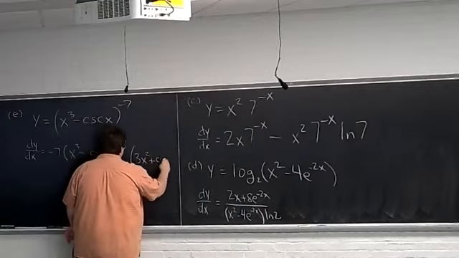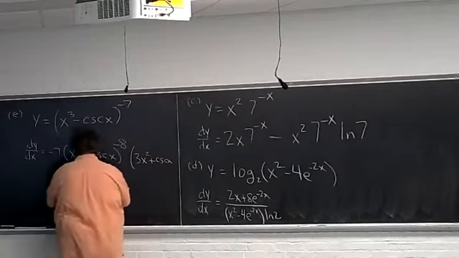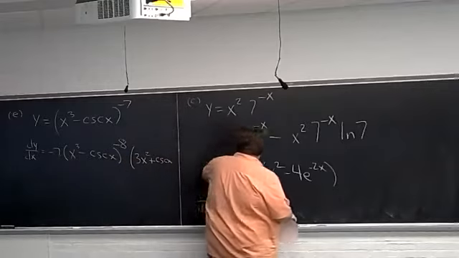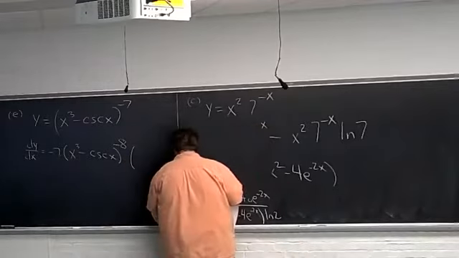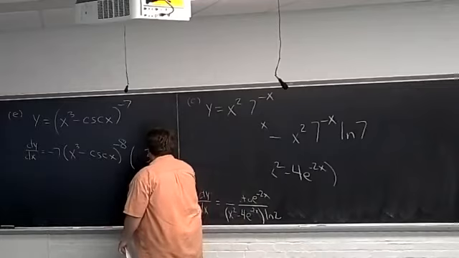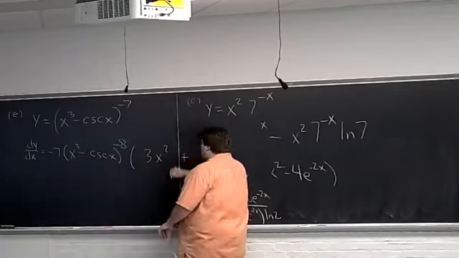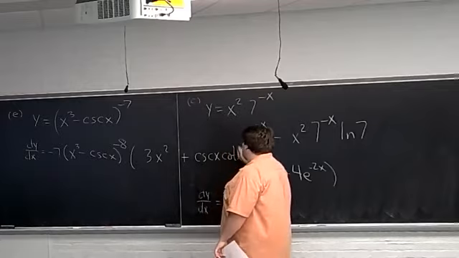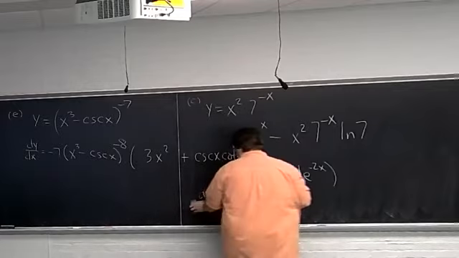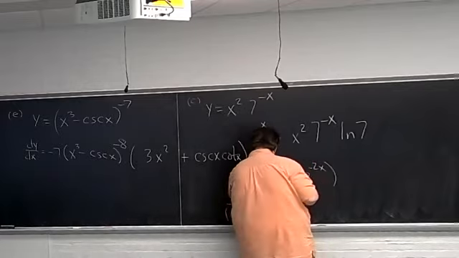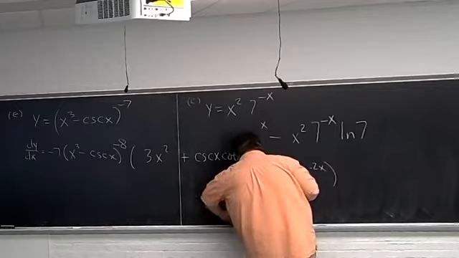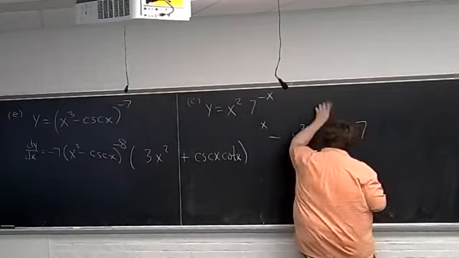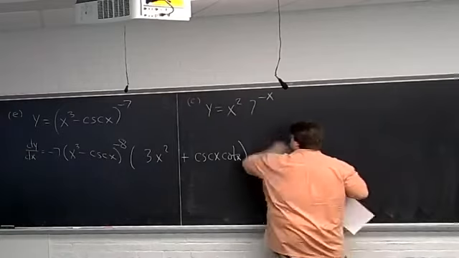The derivative of 3x squared minus cosecant x is 3x squared minus negative cosecant x cotangent x. Minus negative, of course, is a plus. For this one, you don't have to write it as negative 7 times 3x squared plus cosecant x cotangent x all over that thing to the 8th.